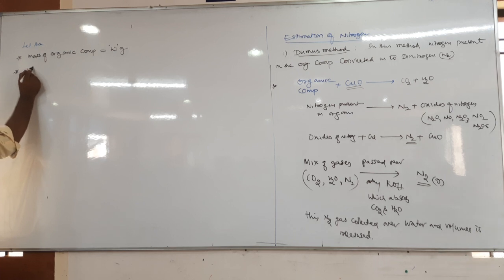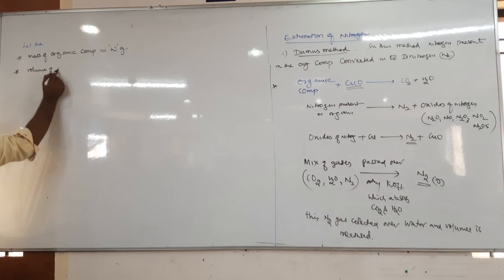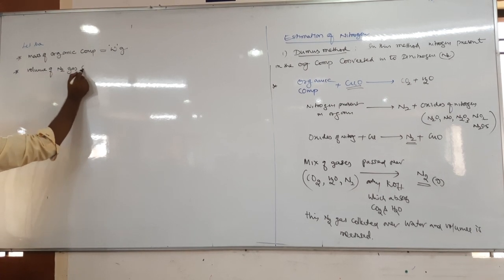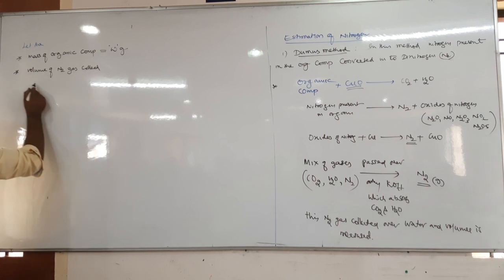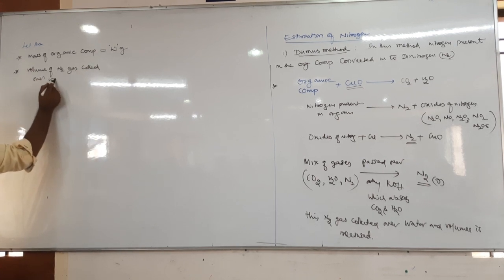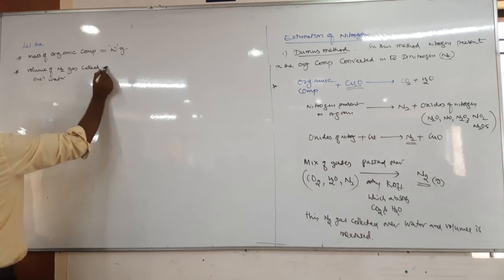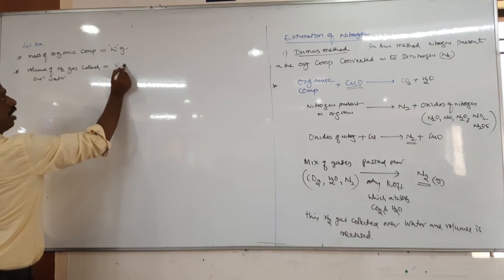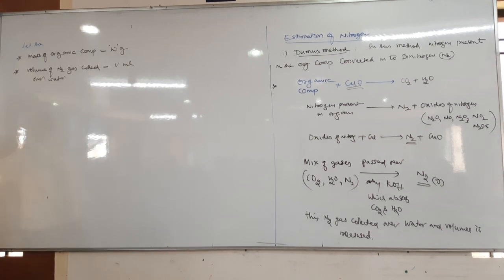Next, the volume of N2 gas collected over water, I will take as V ml. So V ml gas is collected or formed.